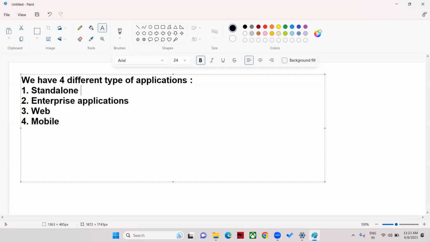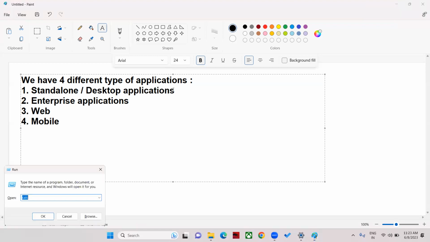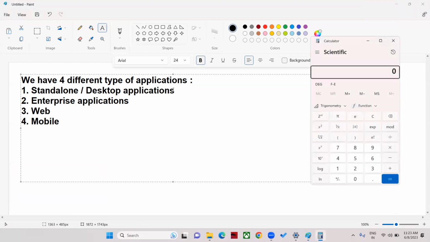See, standalone applications are also called desktop applications. If you consider a calculator, does this application need any internet to run to calculate some numbers? No, right? Yeah, this is a desktop application. It won't need any internet connection.